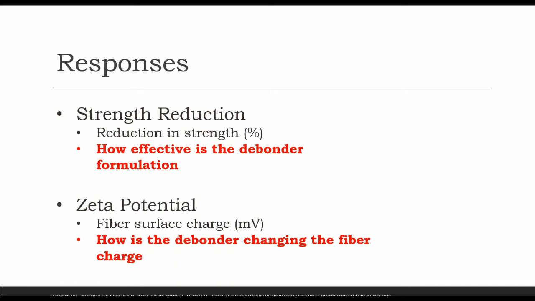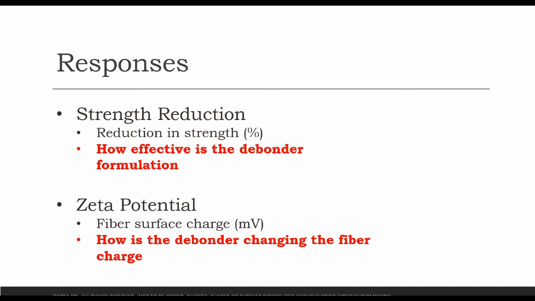What we do is we take paper with no debonder added to it, we create a handsheet, and we have our strength of that paper. And then we make a set of handsheets with the different debonder formulas at the different add-on rates, and we calculate the reduction in strength that we're seeing compared to our baseline. And that'll tell us how effective the debonder formulation is.